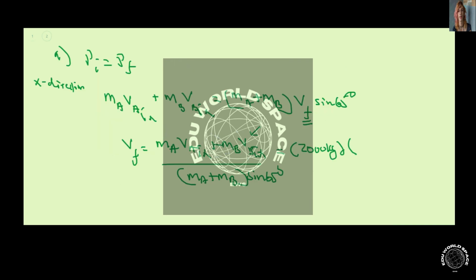So we have to go back and do it in the y direction. So we're saying initial velocity in the y direction. This is not x, but we are going to do y.